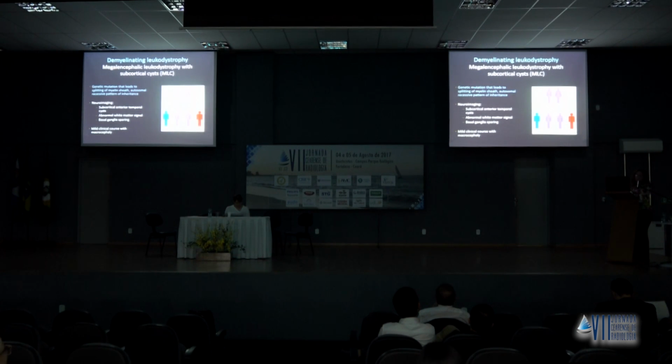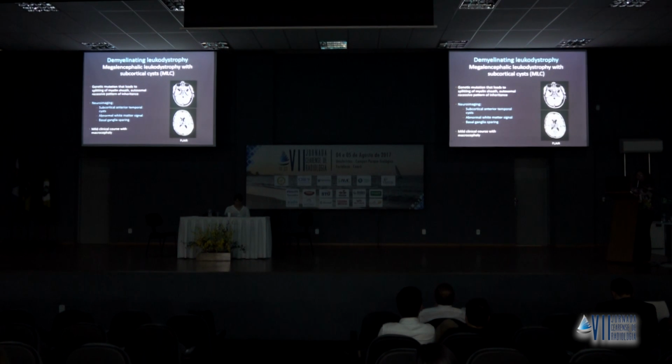Megalencephalic leukodystrophy with subcortical cysts. The name actually says what you're going to be looking for. This is a genetic mutation with autosomal recessive pattern of inheritance. On neuroimaging, what you're going to see are these classic subcortical cysts that are going to occur in the anterior temporal lobe region.